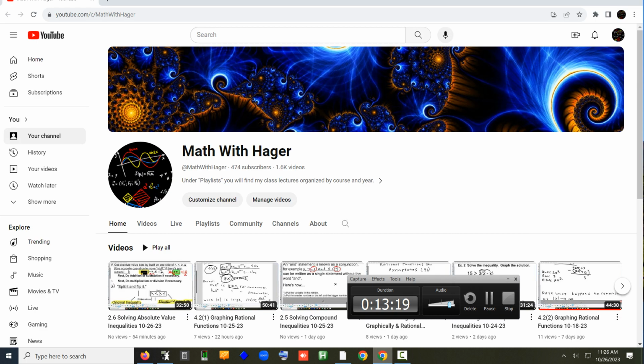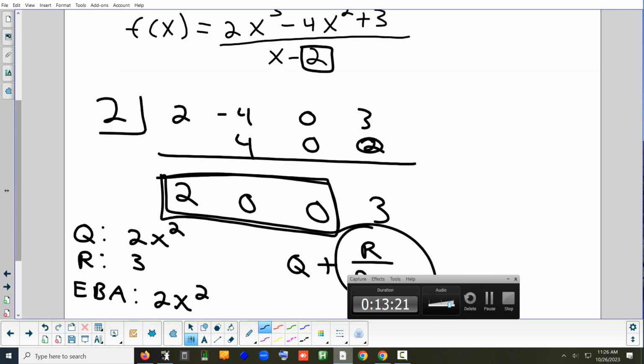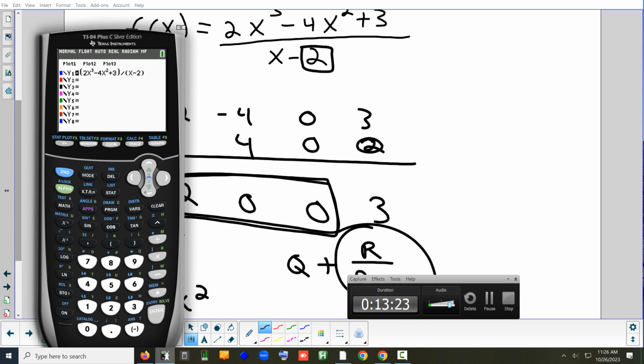All right, so EBA is 2x squared. I also want to make that one thin just because they're going to be coming together. And it's easier to see it if it's a little bit thinner. Okay, so you don't have to make it thinner. It's just easier for me to show you. Hit graph.